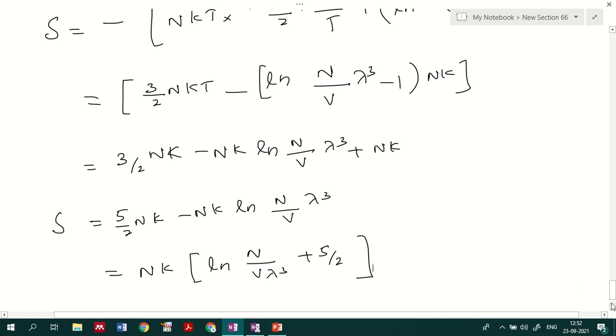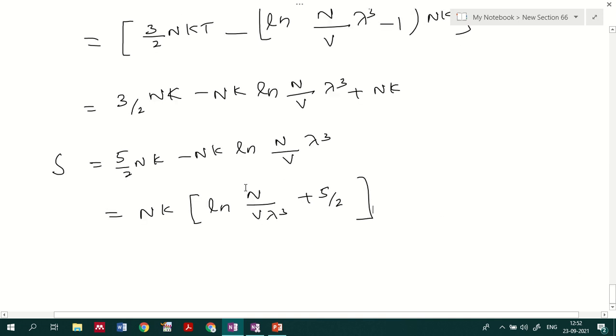So let me just represent that. Okay, so there was a small correction here. I can represent it as v by n lambda cube, so that this minus will be okay. So I can write it as 5 by 2 nk plus nk ln v by n lambda cube.